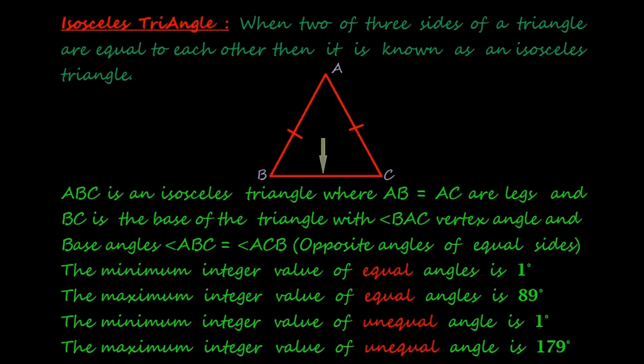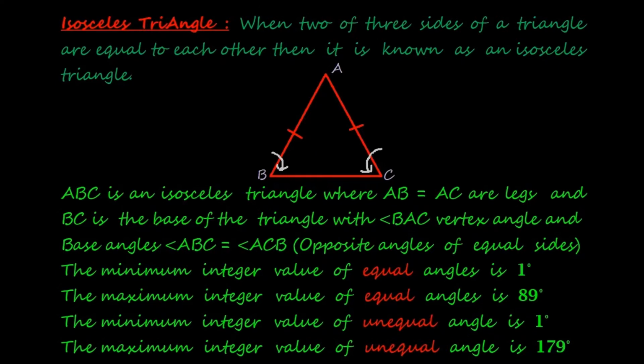In an isosceles triangle, the unequal side is known as the base. Here in the figure as AB equals AC, therefore the remaining side BC is the unequal side and BC is the base of the triangle ABC.